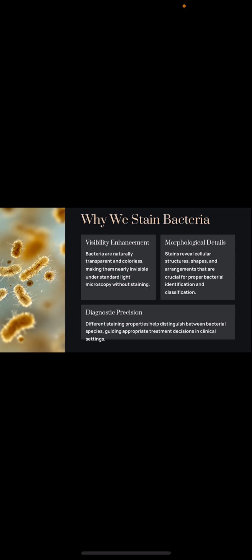Imagine any researcher, any scientist studying a particular microorganism and he wishes to view it under a microscope. Now, if this particular person does not stain the particular microorganism, he won't be able to view it under a microscope.